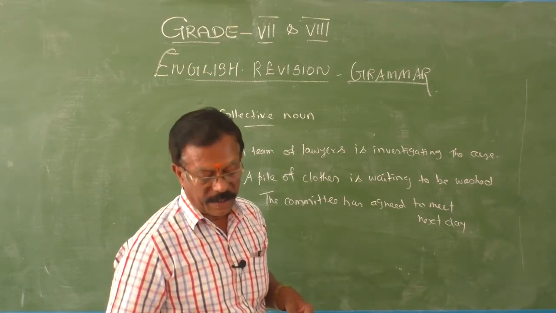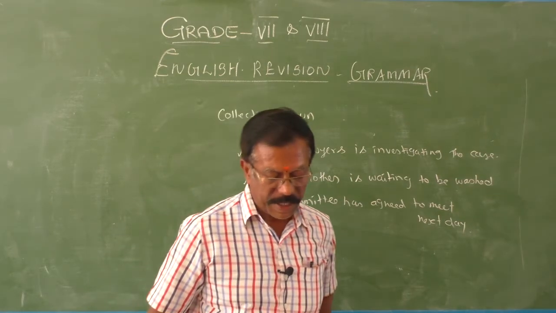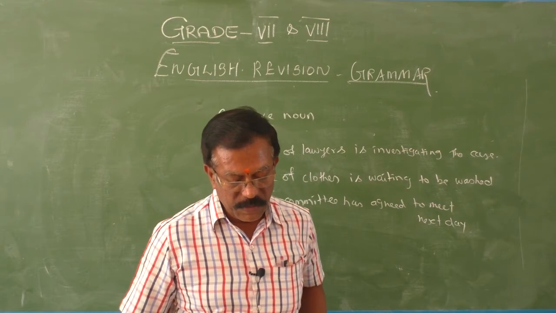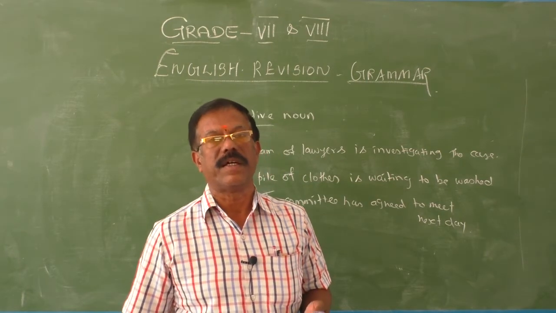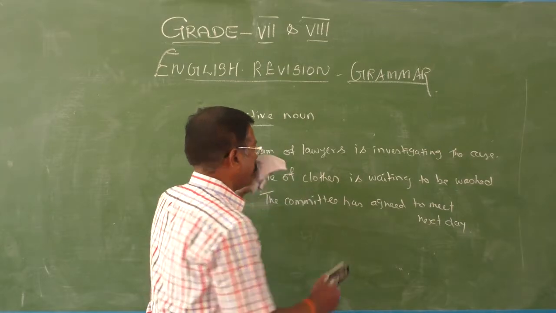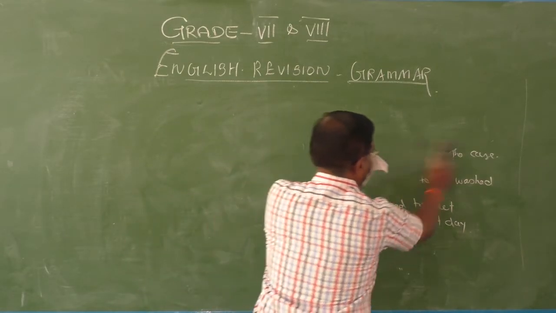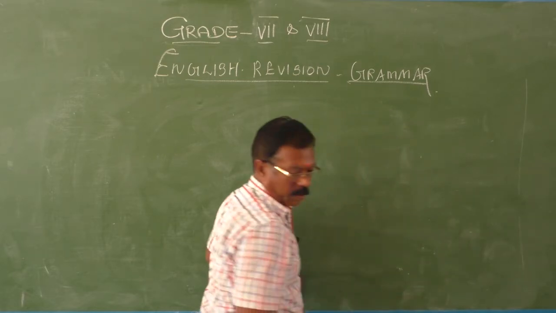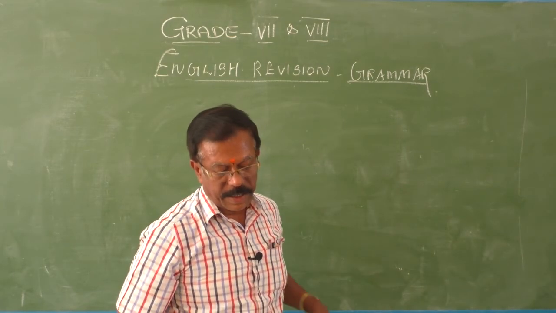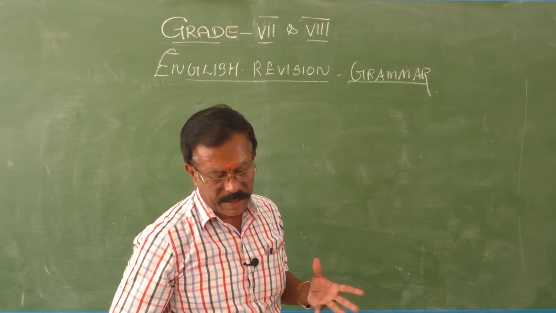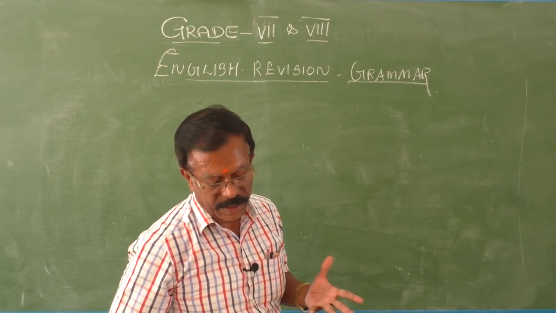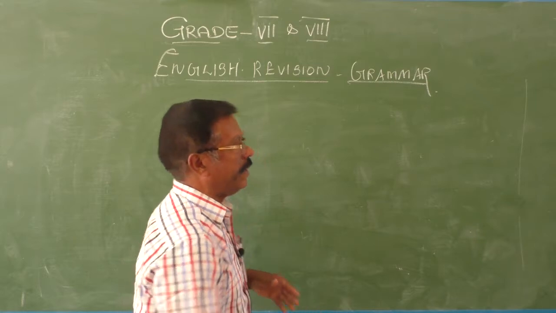Okay, fine. Then what is the fourth one? When the members of collective nouns are thought of as individual units, we take a plural verb instead of a singular verb. At that time, the jury were divided in their opinion.